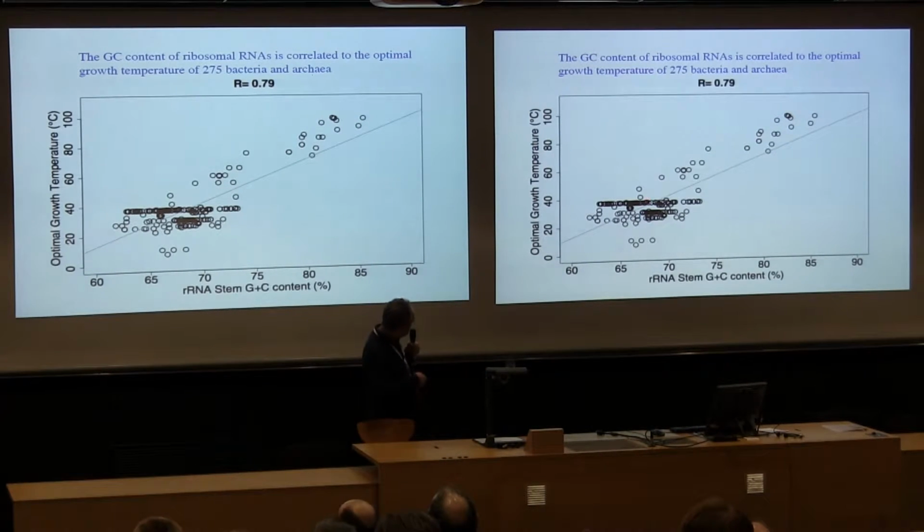And this is very clearly supported by the empirical data, where for a large number of bacterial and archaeal genera, we see that there is a very strict correlation between the optimum growth temperature of these microbial genera and the GC content of their ribosomal RNAs. More specifically, this applies to the part of these molecules that is in double-stranded form, what are called stems.